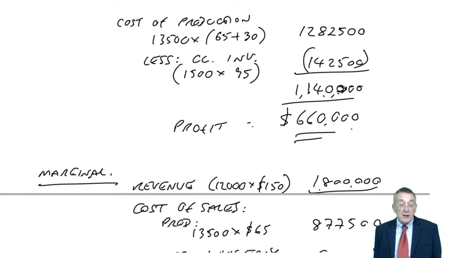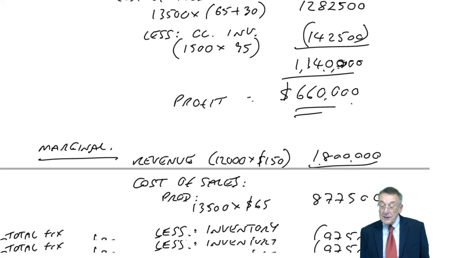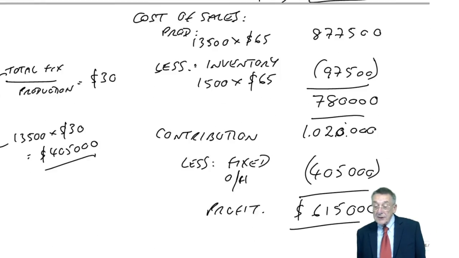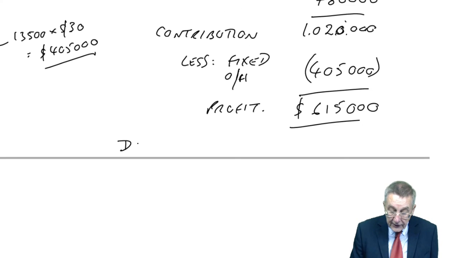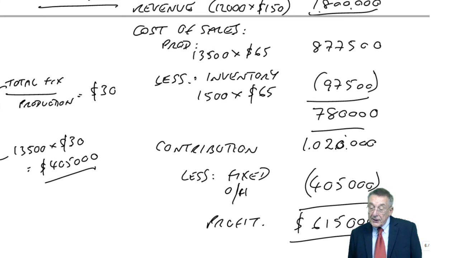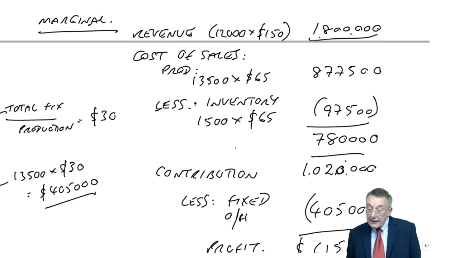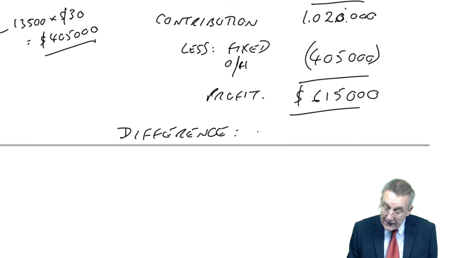Absorption would have reported a profit of 660,000. The two are different. And in fact, the difference, which is what this question actually asked, it was 660 as against 615. The difference is 45,000.